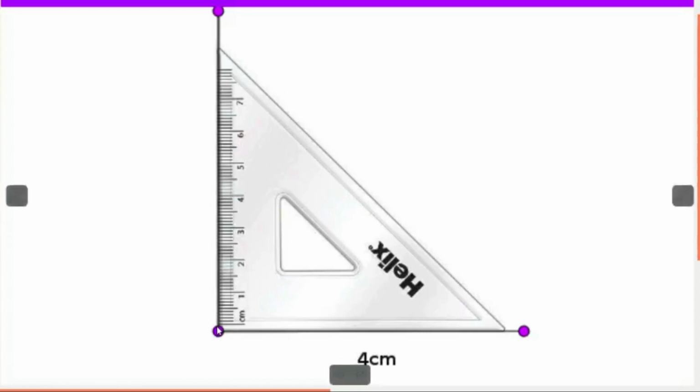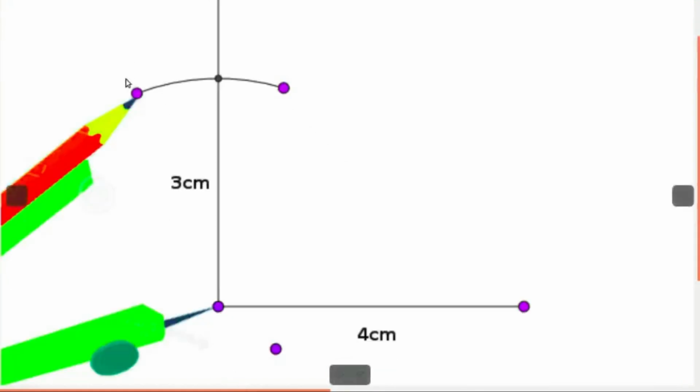So we first draw a line of length 4 centimeter by using a ruler. After that, place a set square at one end of the line. Then draw a line. Now we draw an arc of radius 3 centimeter.